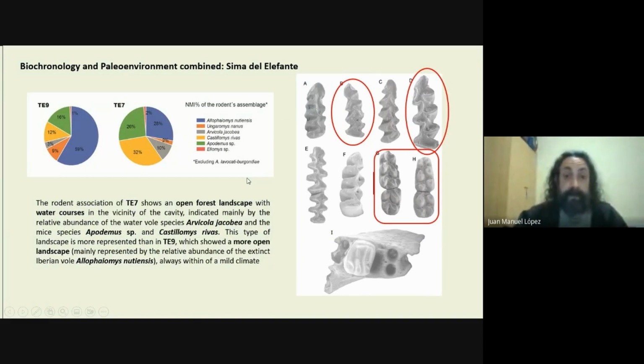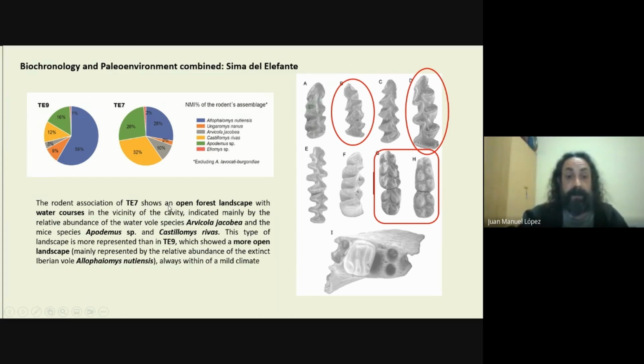The most interesting thing is that when we compare the rodent assemblage from T9 to T7, the association is more or less the same, but the percentage of representation of species is different.